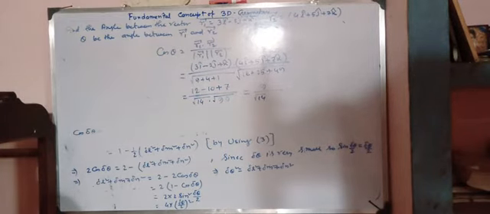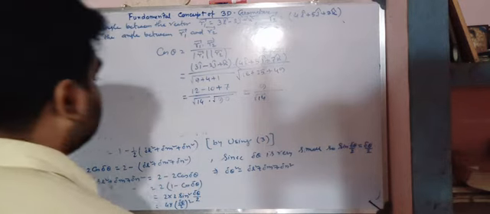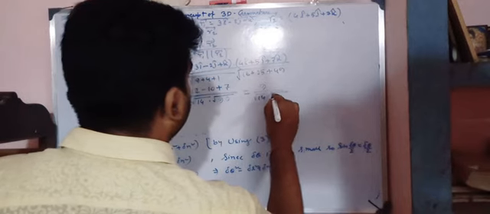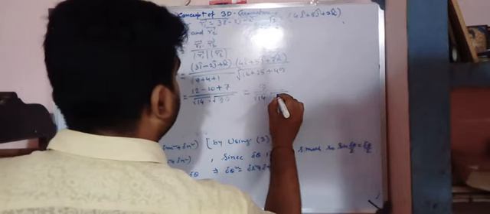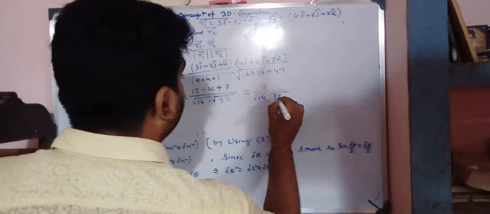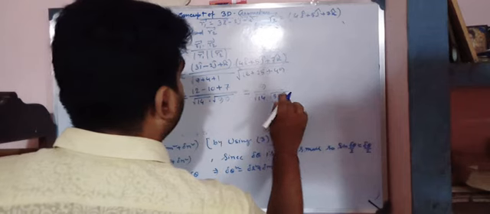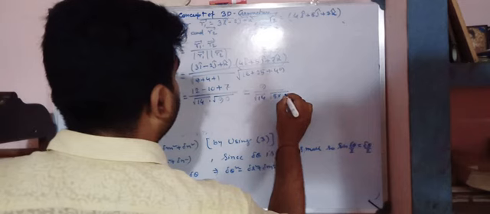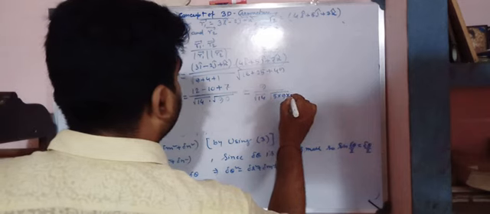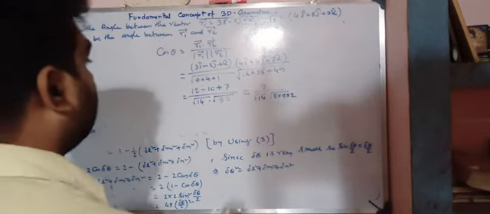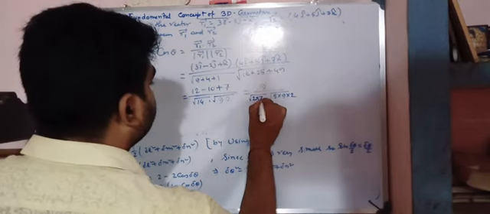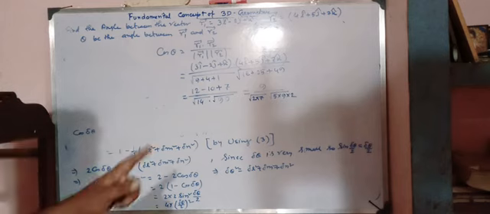Root 90 means 9 into 10, which is 9 into 2 into 5, and root 14 is root over of 2 into 7.